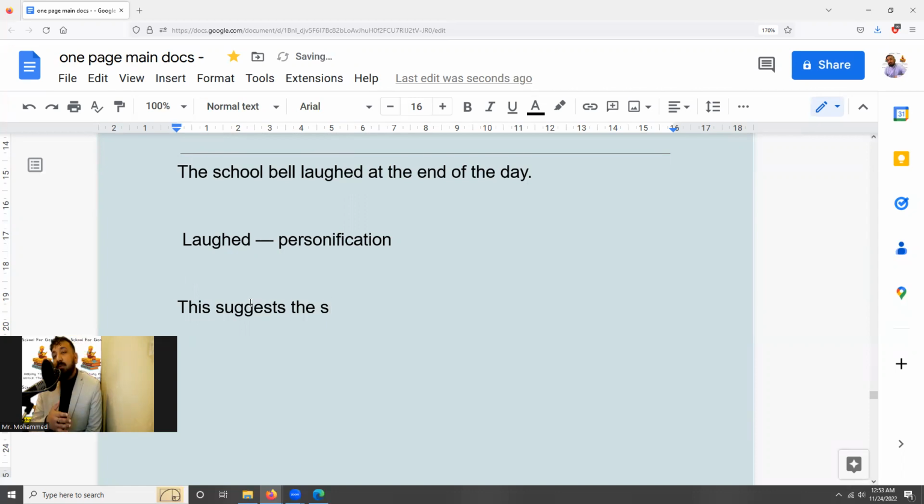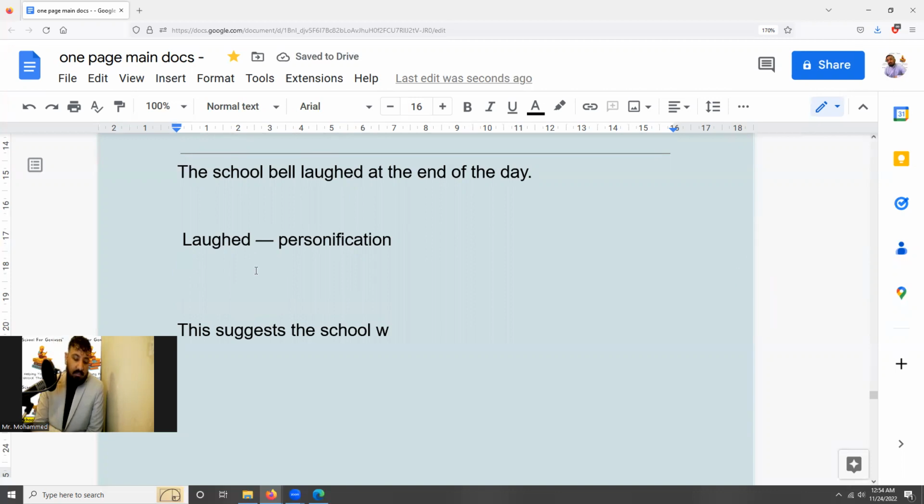Now when we're doing this, we want to imagine that the poem or the text was talking about a kid's experience in school. So use the context to help you understand what the meaning is. So this suggests the school. I missed a step, my bad. So laughing.